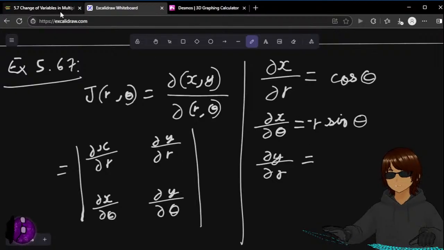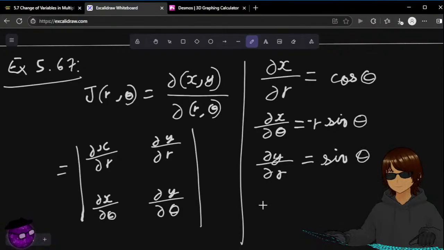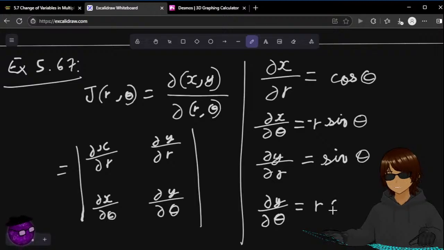For y, it is r sine theta, so with respect to r we are left with sine theta because r will just disappear, and then r cos theta.